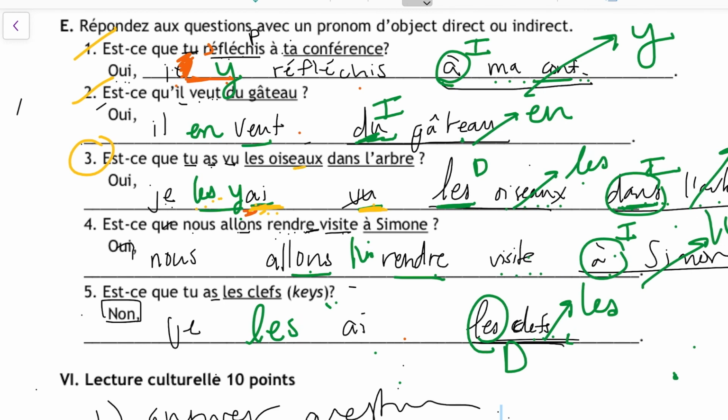I have avoir and I have a direct object pronoun, les, standing in for les oiseaux, which is a masculine plural thing. So no E's, but just an S. Je les y ai vus with an S. Nous allons lui rendre visite. This is not passé composé. Je les ai, not passé composé either.